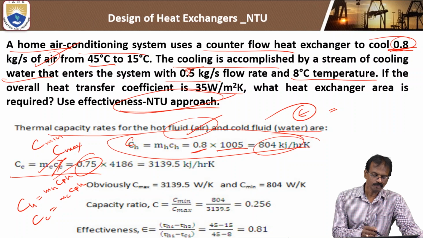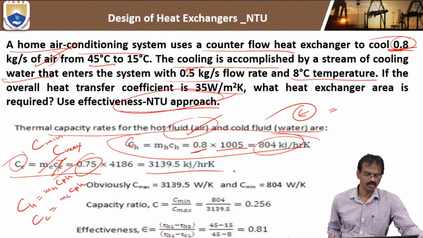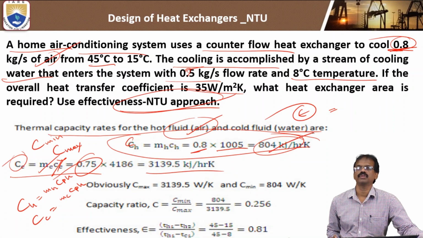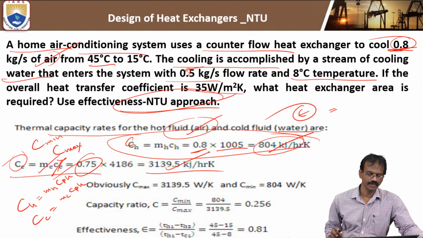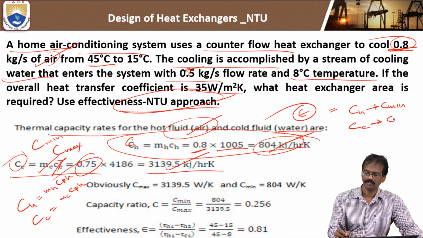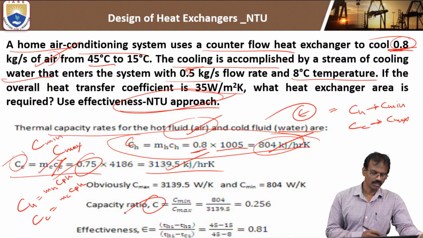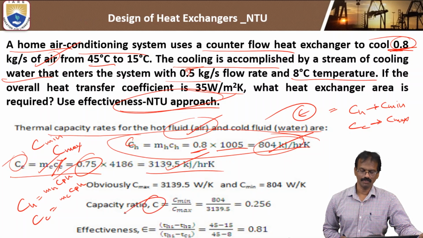We can take either one. Then the CC value is equal to 2093. Compared to both, you can understand CH is the C minimum and CC is the C max. Okay, then if you know C minimum and C maximum, you can find out C. C is nothing but the capacity ratio, C minimum by C maximum.